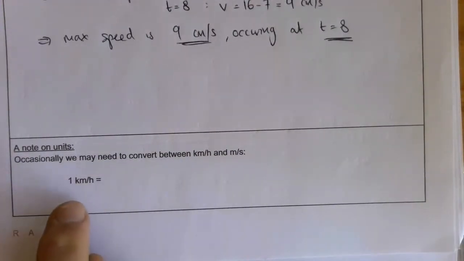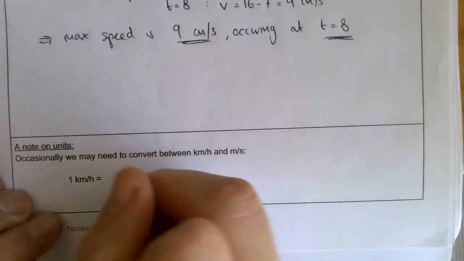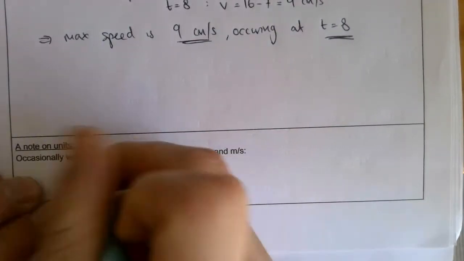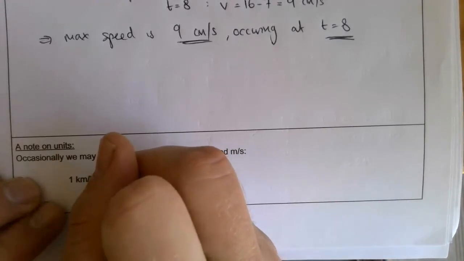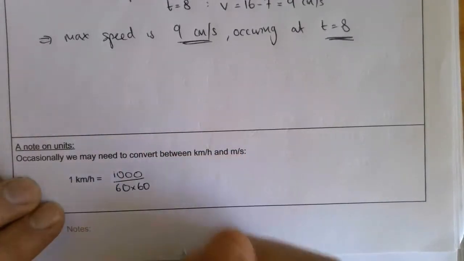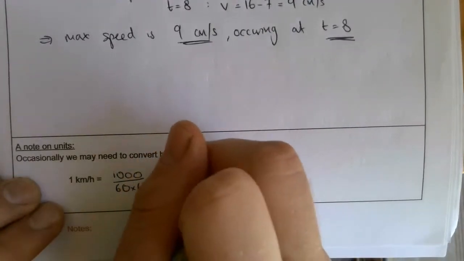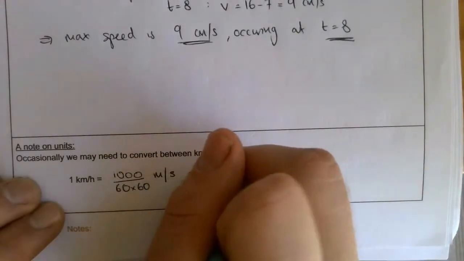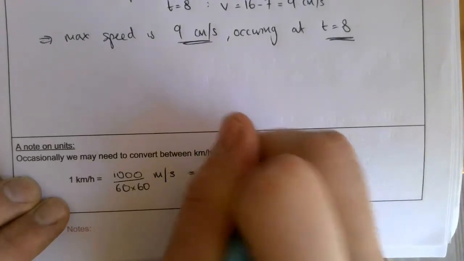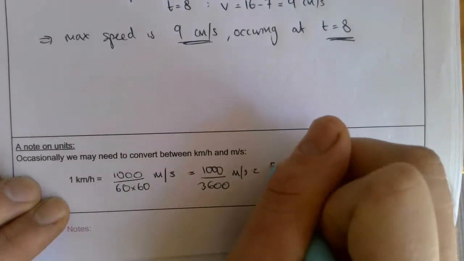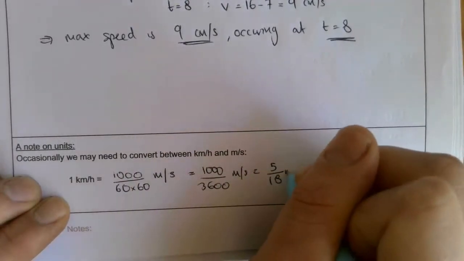Then, final little note at the bottom of this page before we just talk about acceleration. It's pretty common to move between kilometers per hour and meters per second. So when we do that, 1 kilometer is the same as 1,000 meters, and 1 hour is the same as 60 minutes, which is the same as 3,600 seconds. So if I convert both, what I end up with is 1,000 over 3,600 meters per second, which simplifies to 5 over 18 meters per second.